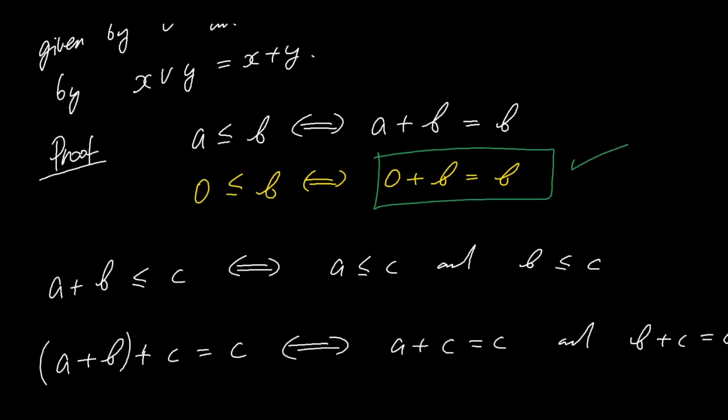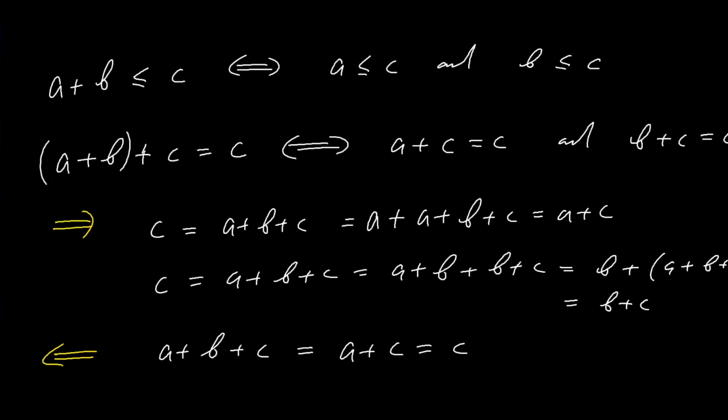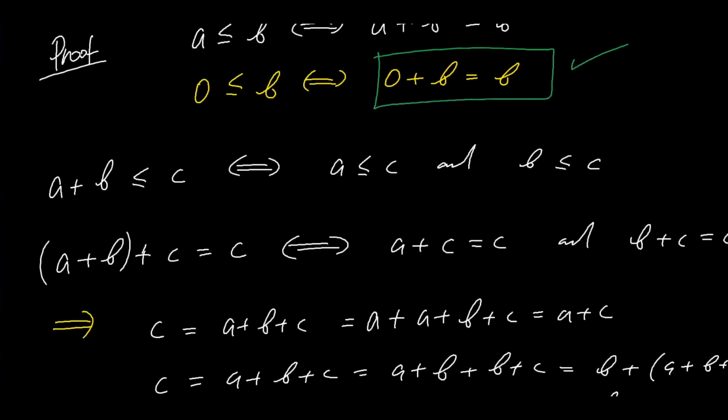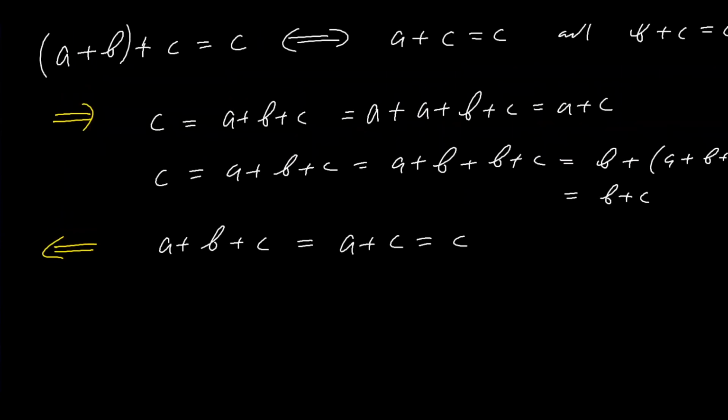So we've proved both directions, and that's exactly what we wanted to prove: that A plus B does fit the definition of join, and then by uniqueness we know that it must be the join. So the theorem has been proved.